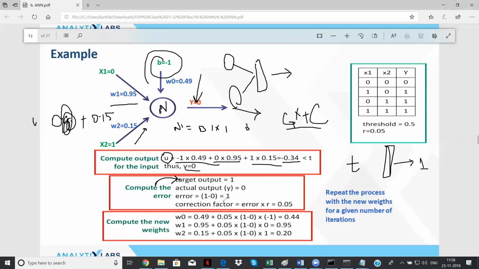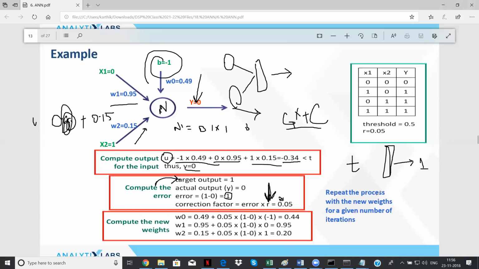Error is equal to 1 minus 0, which is 1. Then whatever correction factor, your learning rate, whatever you are using. Say I said it is 0.01; you can also come up with a correction factor of 0.01. Whatever is your learning rate. Here I'm assuming my learning rate to be 0.05.